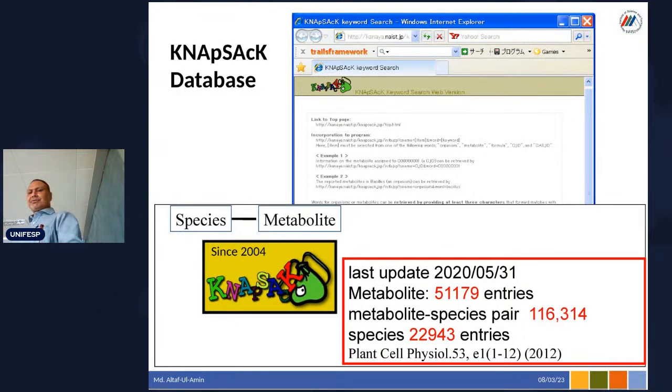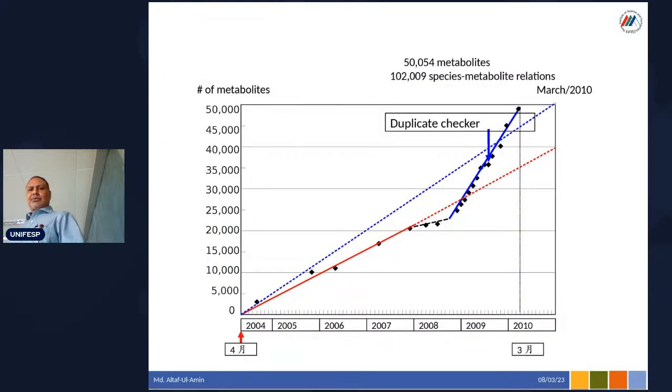Currently in our database, we have 160,000 pairs of species and metabolites, covering more than 51,000 metabolites and roughly around 23,000 species. And we started to build this database in 2004 with the target to finish by 2010.